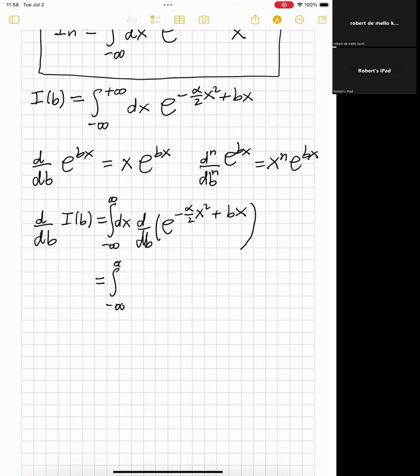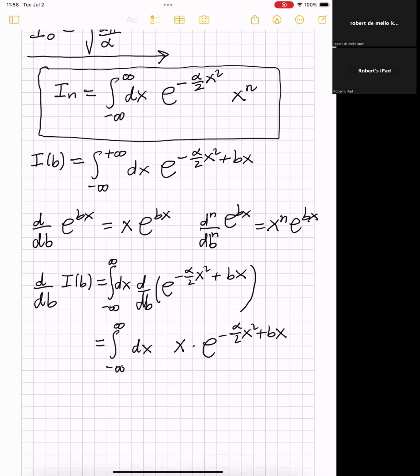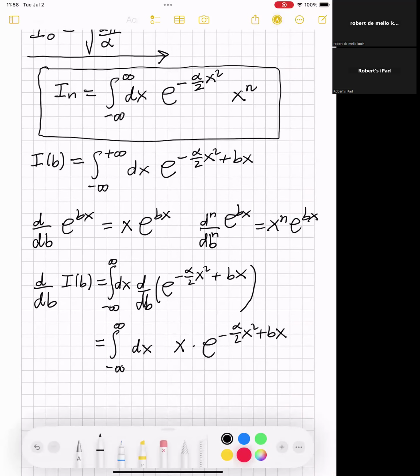The integral from minus infinity to infinity dx of, now it's x multiplied by e to the minus alpha over 2 x squared plus bx. So I hope that that's clear. Make sure that you got that, because that's an important step.